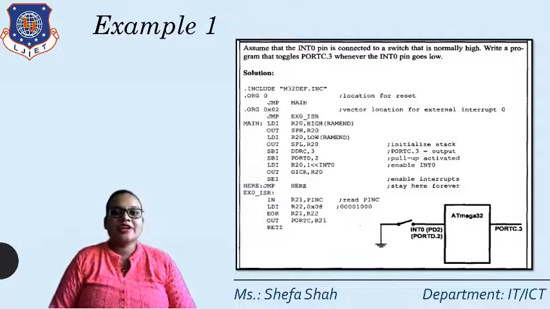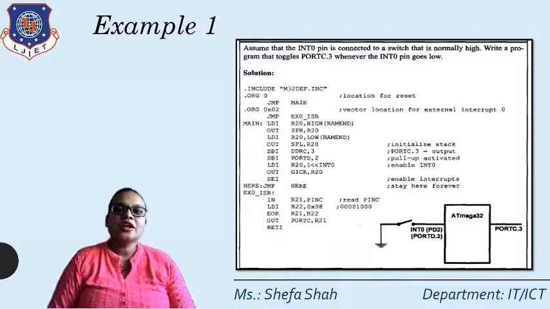Right, so whenever the interrupt is set, it will go to .org 0x02, but it will find that it has to jump to the label that is EX0 underscore ISR. Now in this ISR, we first need to take the data from port C, so IN R21 comma PORTC. Then we need to toggle the third bit.